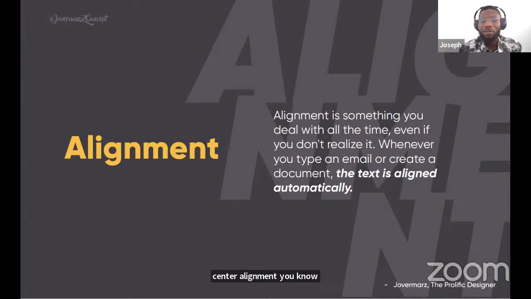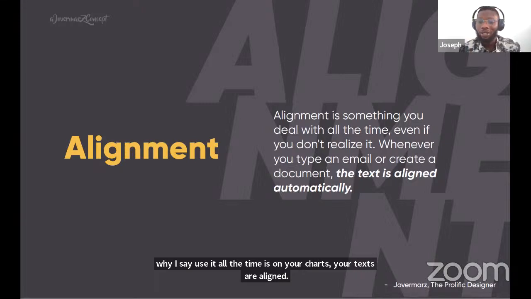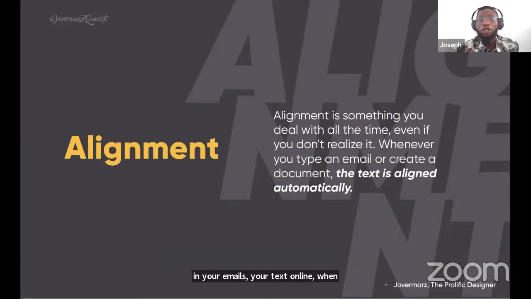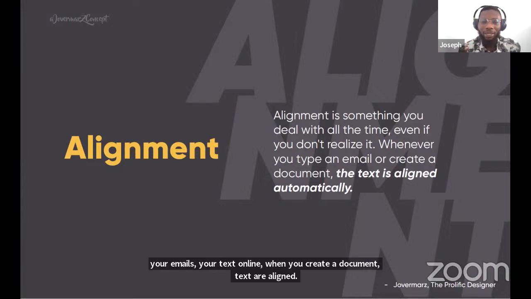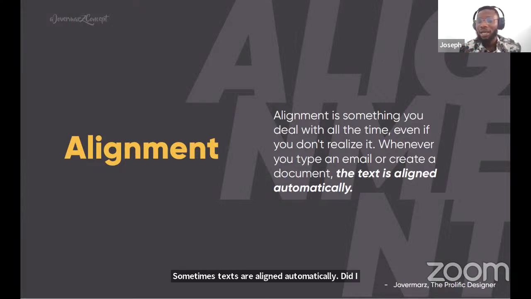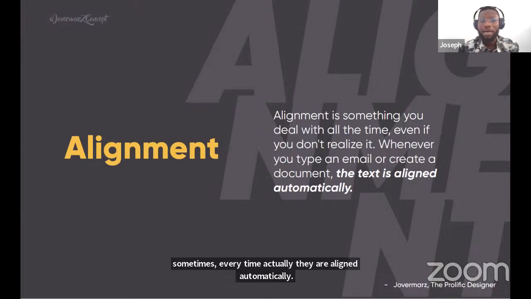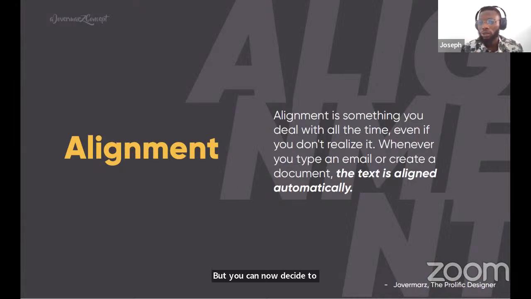And why I say you use it all the time is, on your charts, your texts are aligned. In your emails, your texts are aligned. When you create a document, your texts are aligned. Sometimes texts are aligned automatically. Did I say sometimes? Every time, actually, they are aligned automatically. But you can now decide to choose or change the alignment to what suits your design.